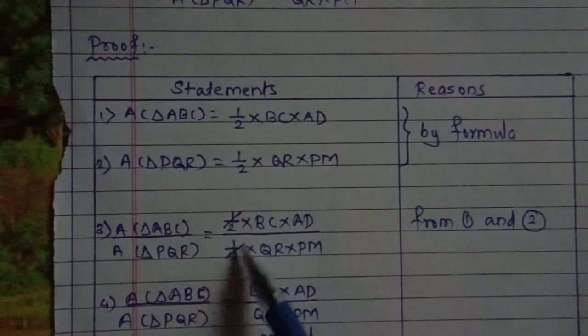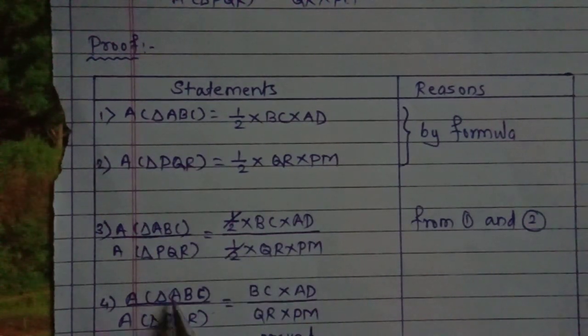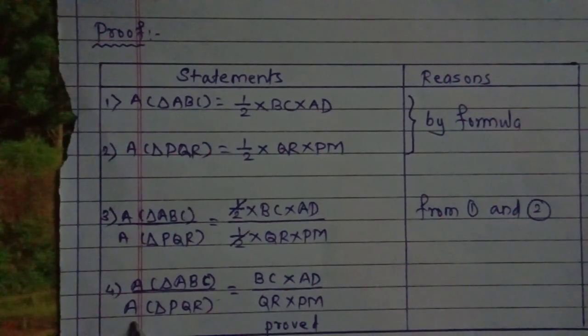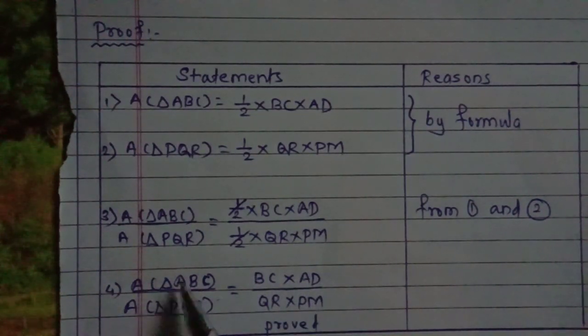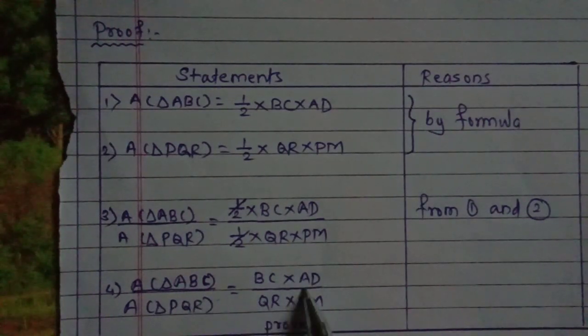Here 1 by 2 is common in numerator and denominator, it gets cancelled and we get the final answer: area triangle ABC upon area triangle PQR is equal to BC into AD upon QR into PM. That means ratio of areas of two triangles is equal to ratio of product of their bases and corresponding heights. Base into height, base into height.